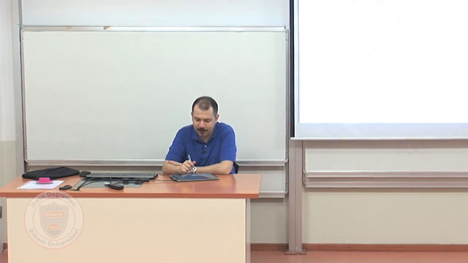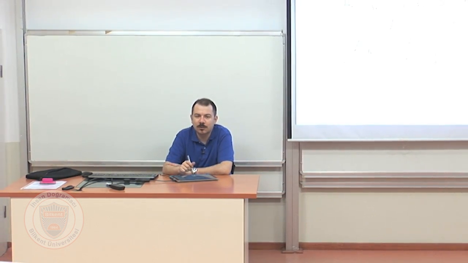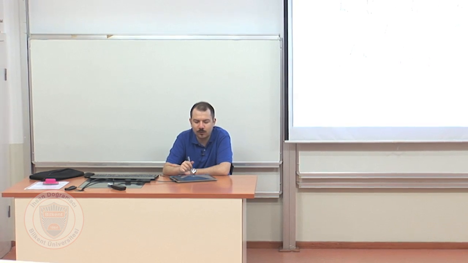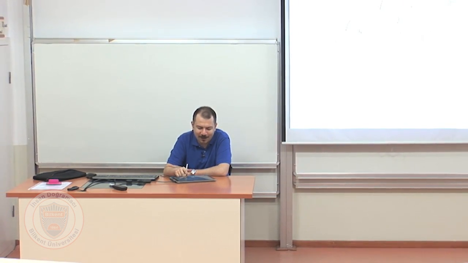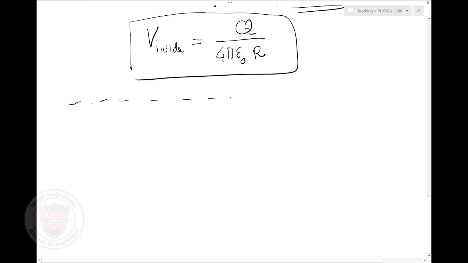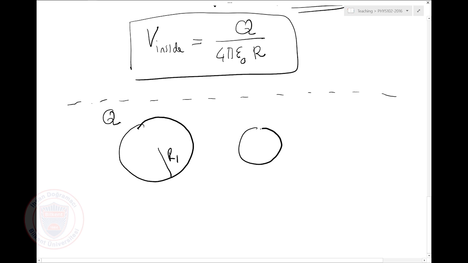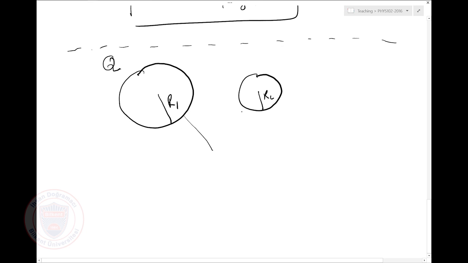And we found for a sphere charged with q, the value of potential is q over 4 pi epsilon 0 R. Now maybe I can clear up something from your high school experience. One of the most favorite questions in high school physics is that if I have a sphere with radius r1 that's charged with q, and I take another sphere with radius r2, I let them touch each other and then go their separate ways.